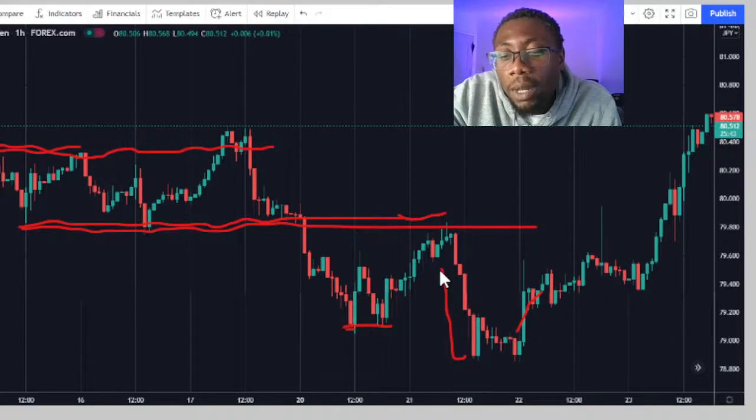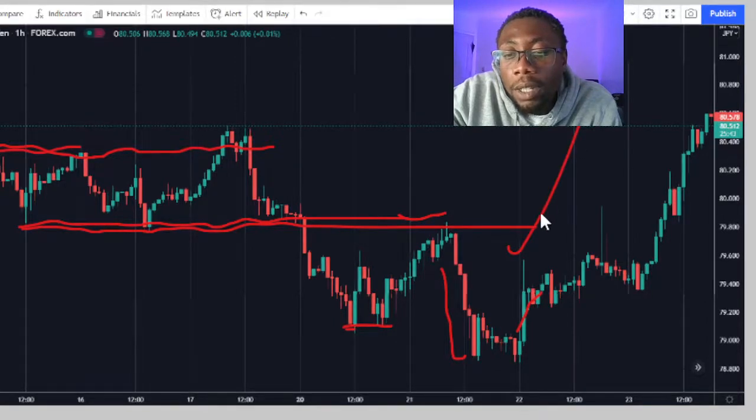But again, I'm going to be getting into the trade management and how to exit and set profit targets in a later video. But this trade would have been a good trade, and we would have taken it based on this.